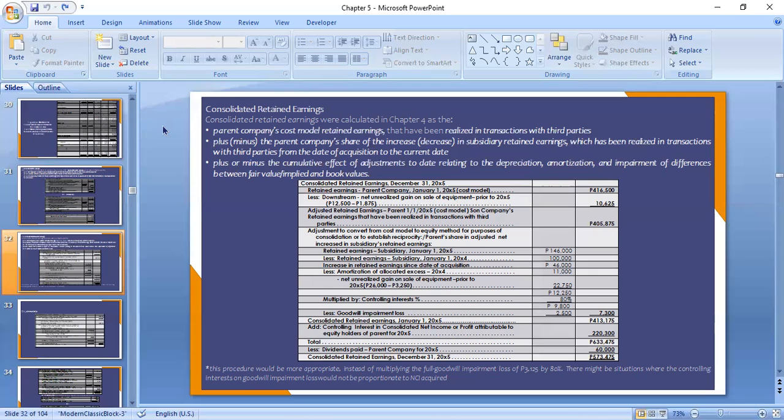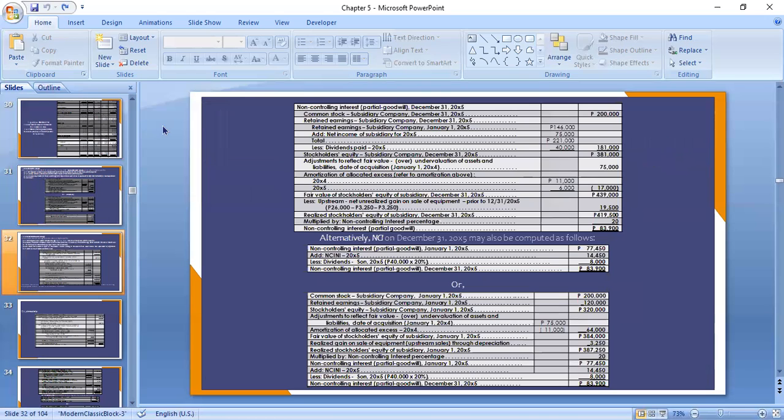So we have now the total of 633,475, and we deduct dividends paid for 20x5 of 60,000. So the difference is the consolidated retained earnings as of December 31, 20x5.